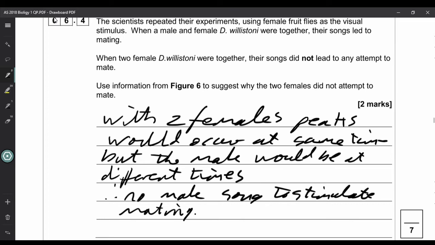That's not what courtship and mating is about. You need a courtship ritual to stimulate the mating, and it's these two songs. The male song would stimulate the mating through courtship. So if that male song isn't there, then mating isn't stimulated through courtship.